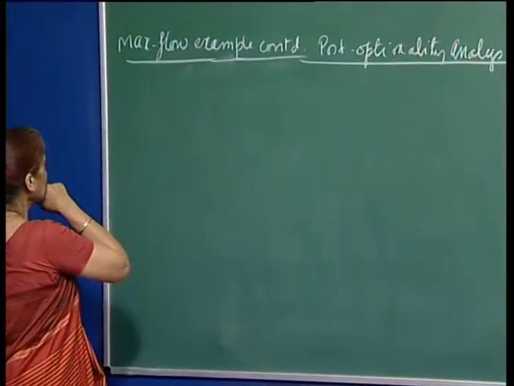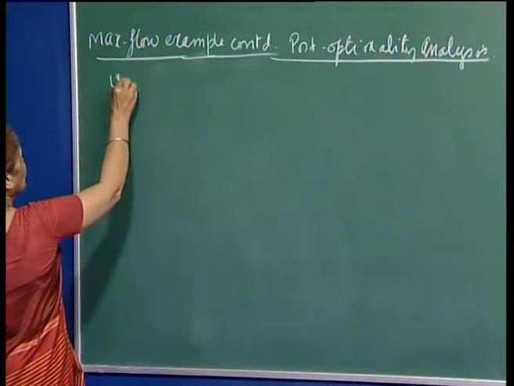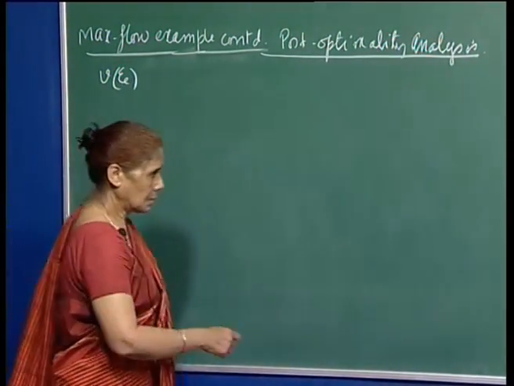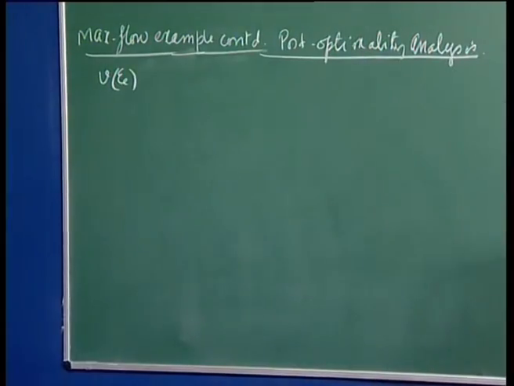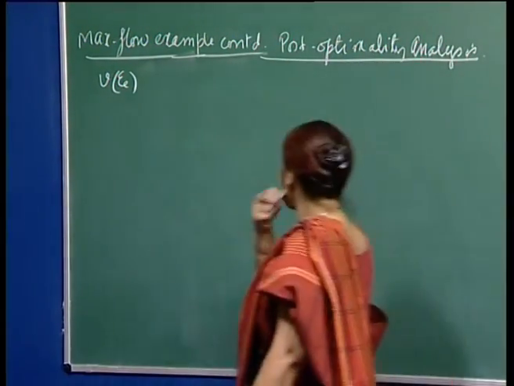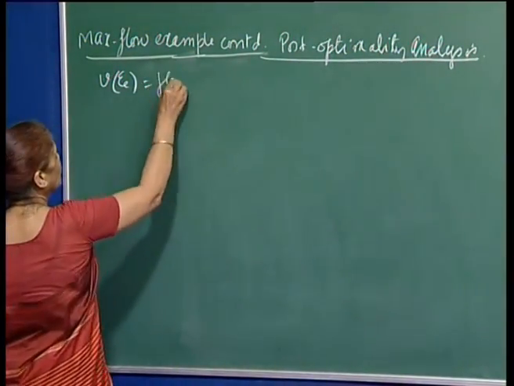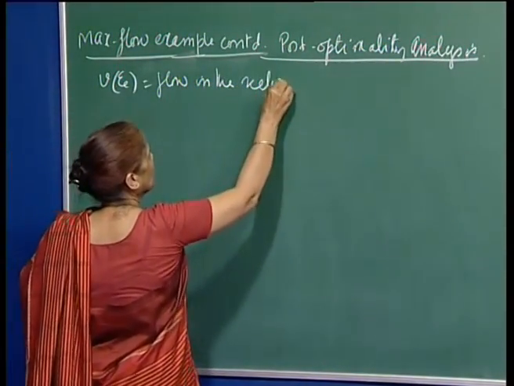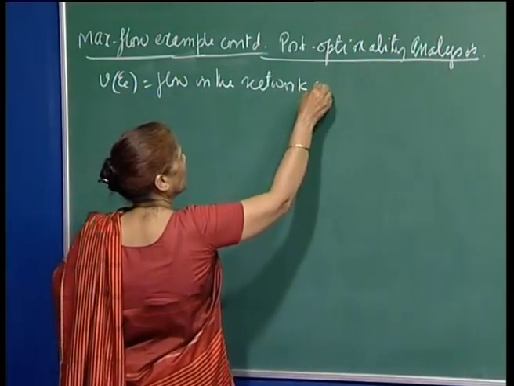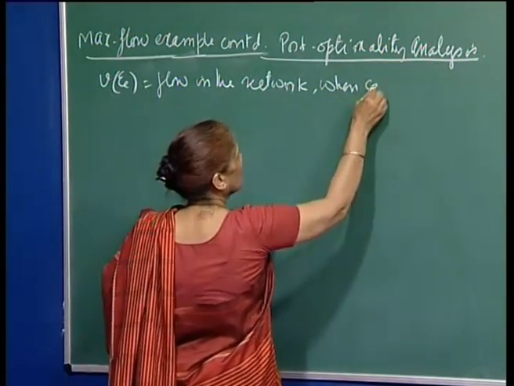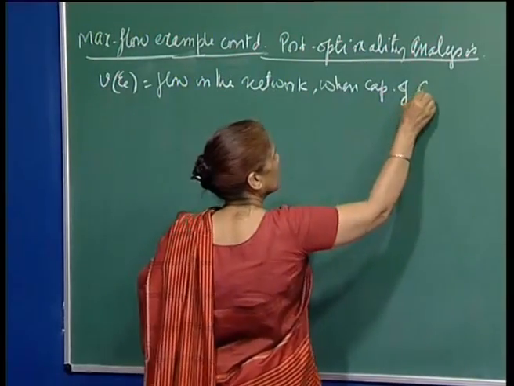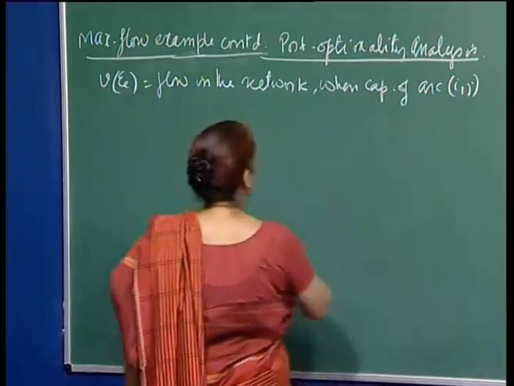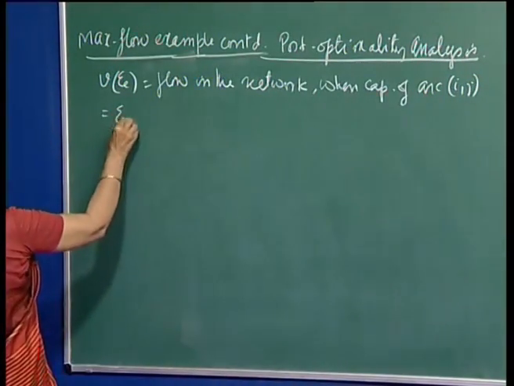Suppose let me denote V psi as the flow in the network when the capacity of arc ij is equal to psi.